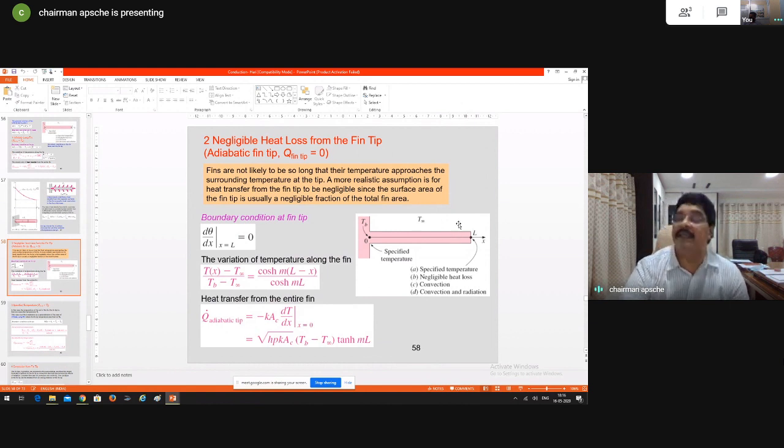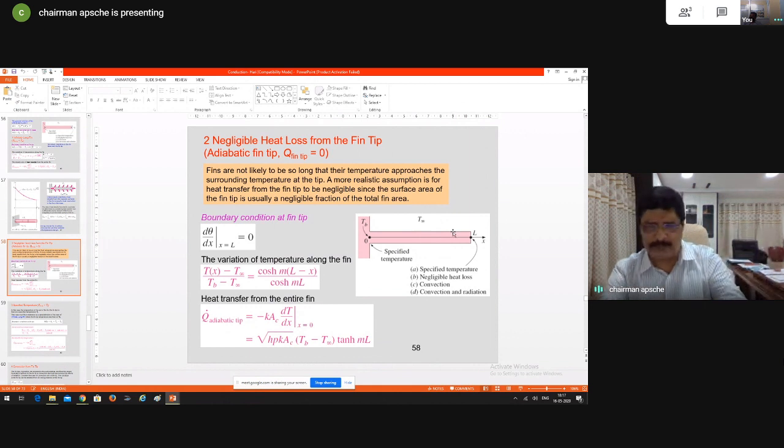It is still higher than T infinity. So when you insulate abruptly the tip of the fin, no heat transfer takes place, and therefore from the boundary conditions we know, when it is perfectly insulated, dT by dx is equal to 0. So d theta by dx is also 0 at the fin tip.